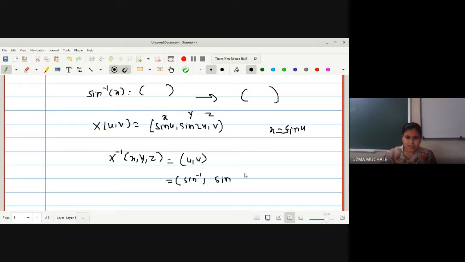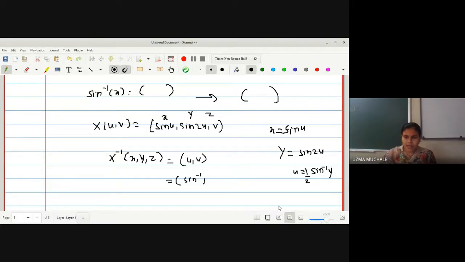y is nothing but sin of 2u. So u in terms of y becomes 2u is equal to sin inverse of y, and then we can write u is equal to 1 upon 2 sin inverse of y.